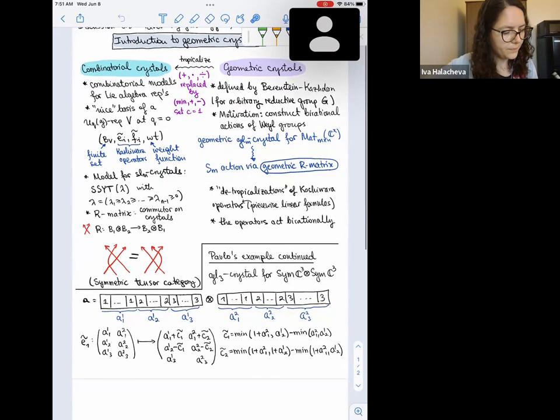Just to look at the example that Pasha was describing, this is the GL3 or SL3 crystal for this particular representation. Remember, this was just pairs of one row tableaux with 1s, 2s, and 3s in that order. And what does it look like on the combinatorial side?